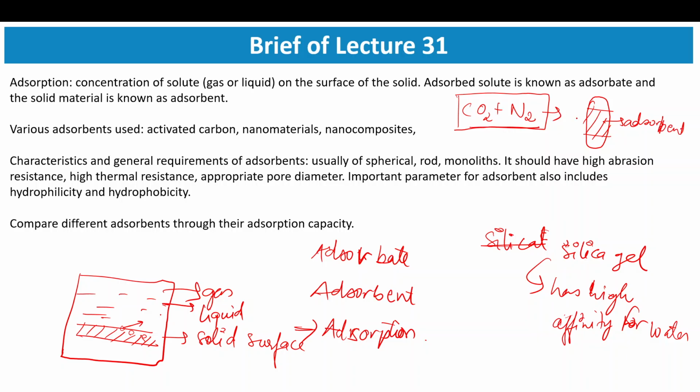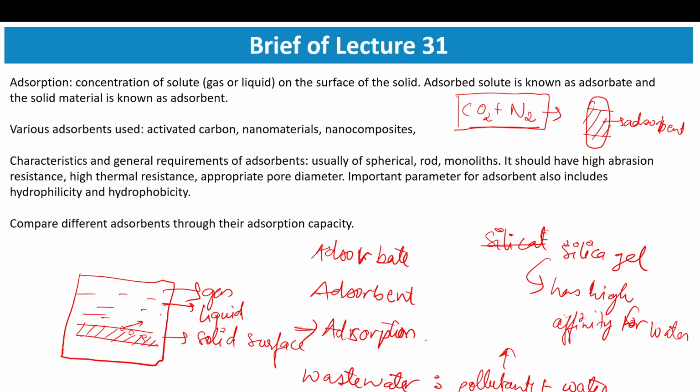Similarly, you are separating one component from another by having more affinity towards one component out of the mixture, right? In the case of wastewater, you will have pollutants plus water. So you want to separate pollutants from water, and you allow pollutants to sit on the adsorbent.